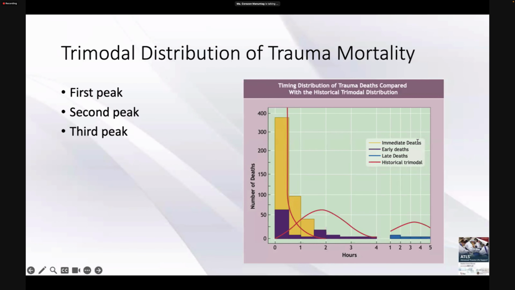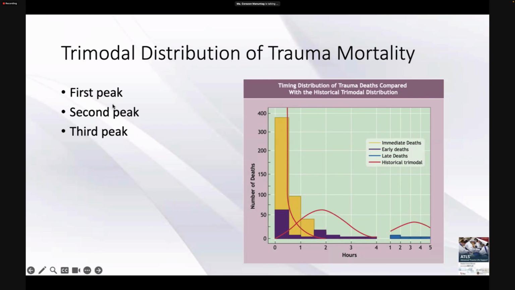With increasing protocols and management improvements of trauma injury, we were able to control this part of your trimodal distribution. The third peak comes a few days to weeks after, and this is because of prolonged injuries and prolonged management of these patients, leading to sepsis and multiple organ dysfunction.